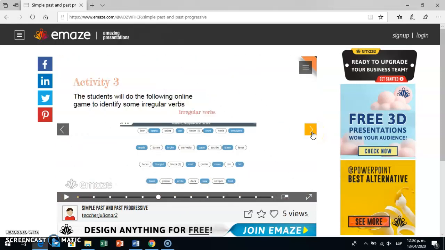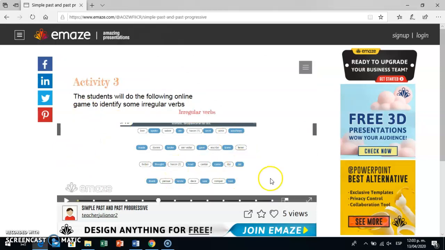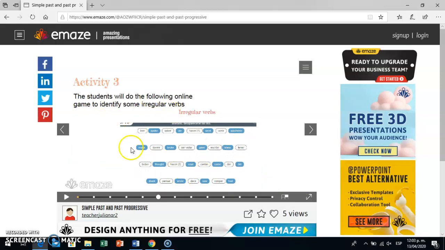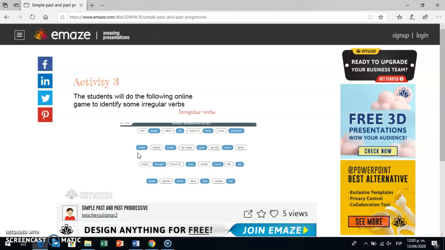The activity number 3 is an online activity. This activity is to identify some irregular verbs. There are verbs in Spanish, and the student must match the verb.